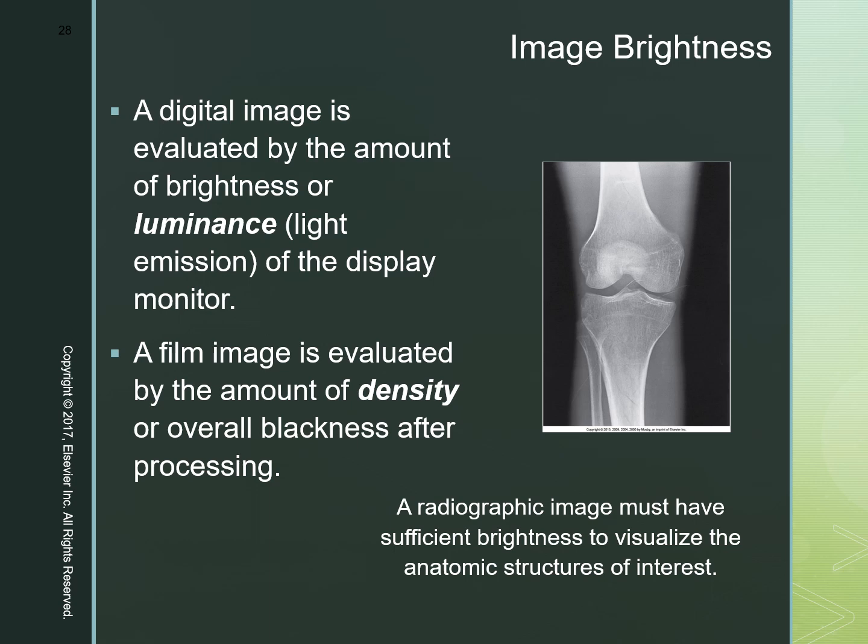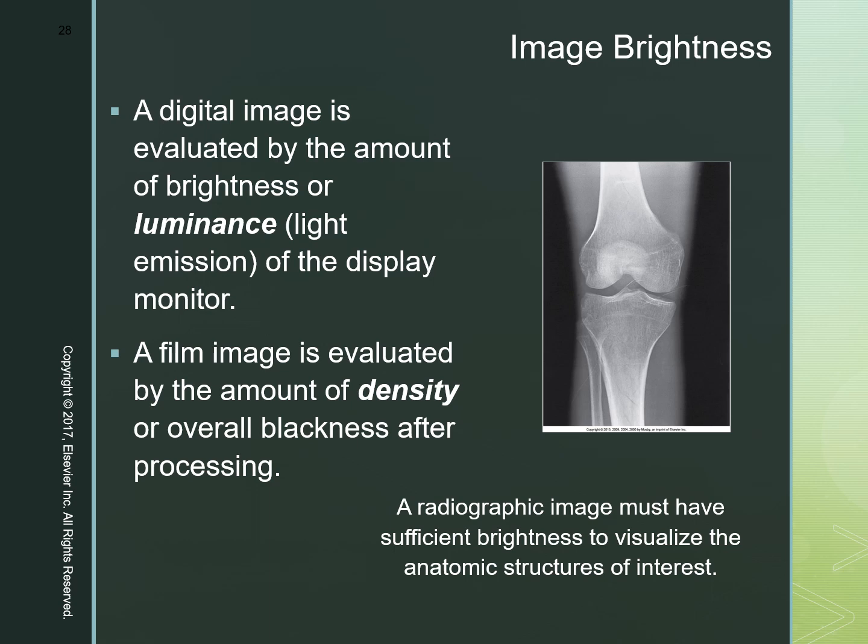What the image does is it provides blackness over that bright white screen, and it covers a lot of that brightness. So my unexposed image would have full luminance, or full light emission, of the display monitor. But when I provide those densities over that, it reduces the luminance. And so the brightness of our digital displays, or even our image brightness, is determined by the luminance, or the brightness of that light coming out from behind the backlit display.